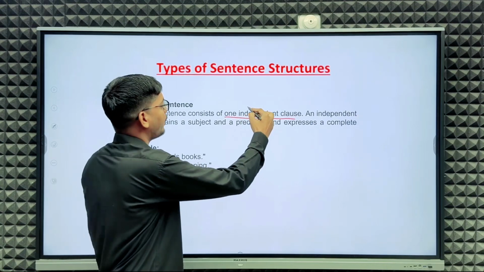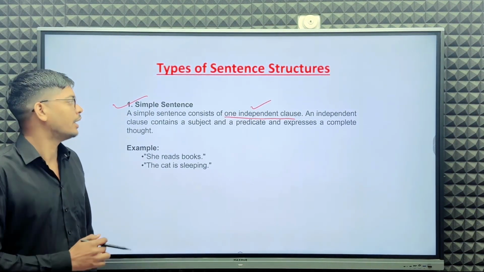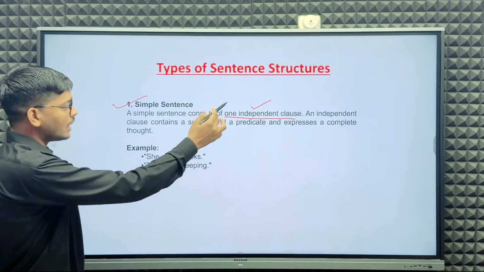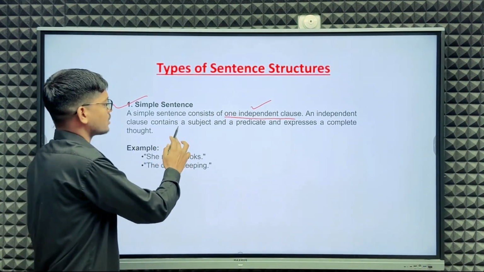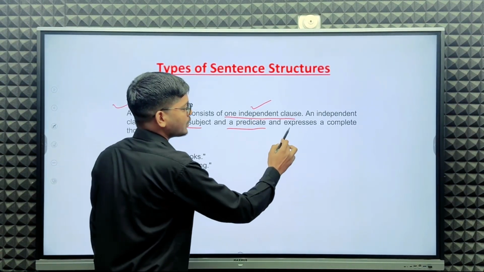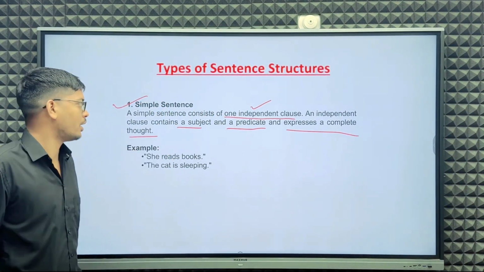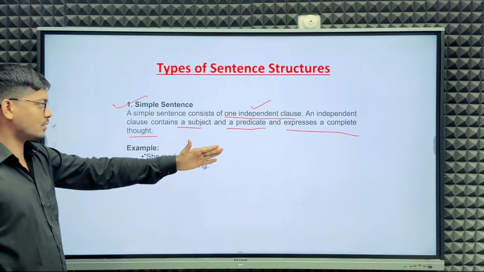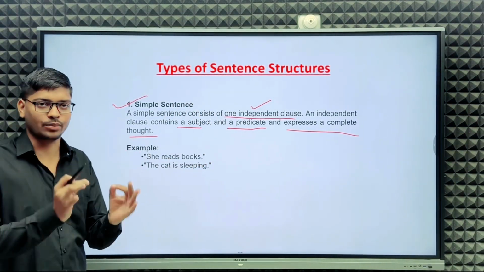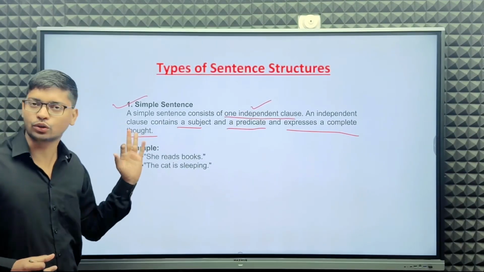One independent clause means it's a simple sentence. An independent clause contains a subject and a predicate and expresses a complete thought.